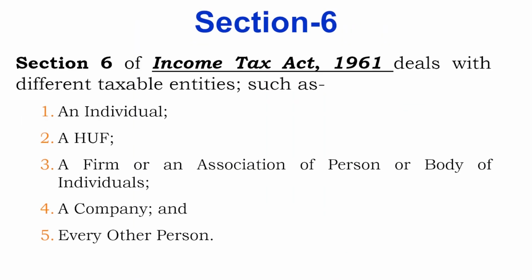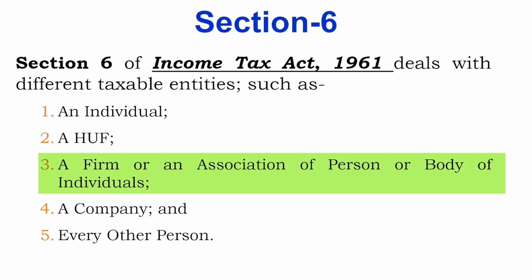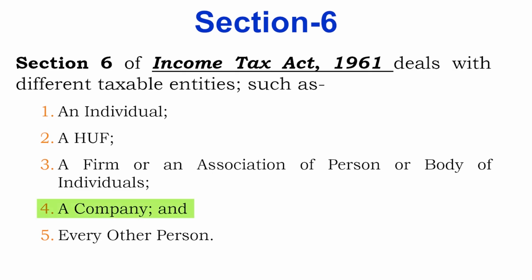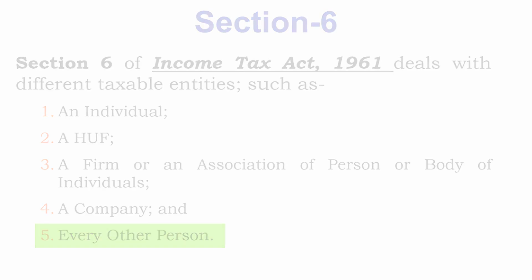Section 6 of the Income Tax Act 1961 deals with different taxable entities such as an individual, a HUF, that is Hindu undivided family, a firm or an association of persons or body of individuals, then a company, and finally every other person.